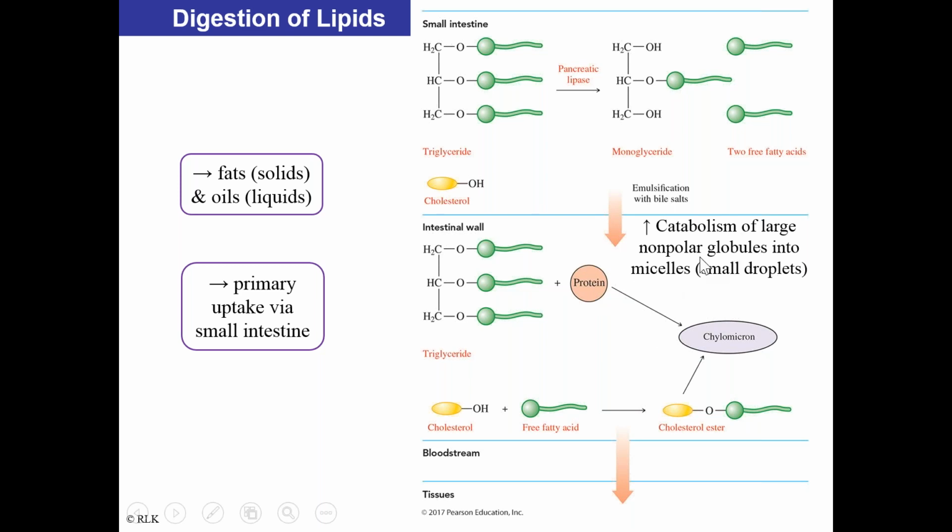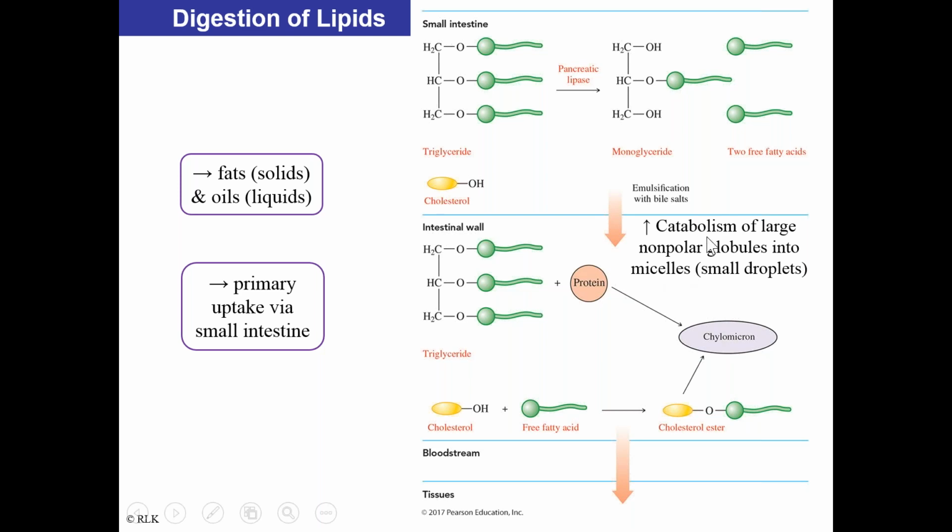Here this shows that the catabolism of large non-polar globules in the micelles and small droplets occurs within this area, and that is true. Again, the small intestine is kind of the balance between this very acidic stomach and the relatively neutral large intestine. So you're going to have these kinds of phase mixing, really, if you will.